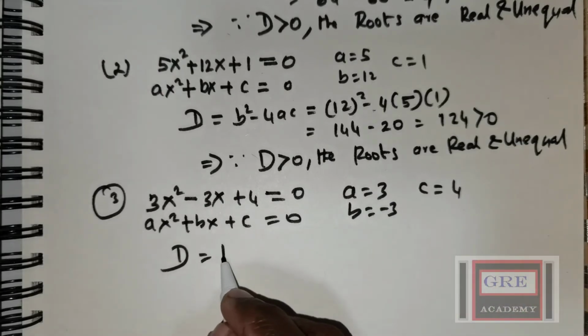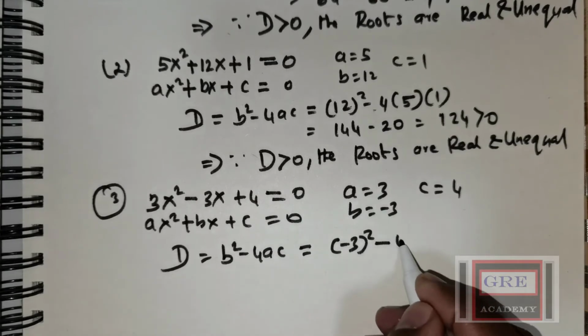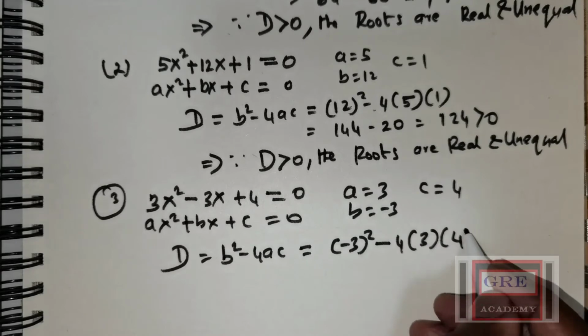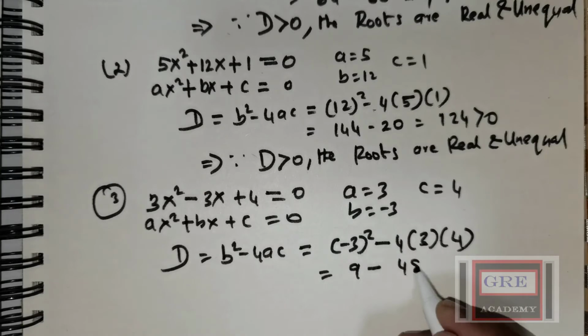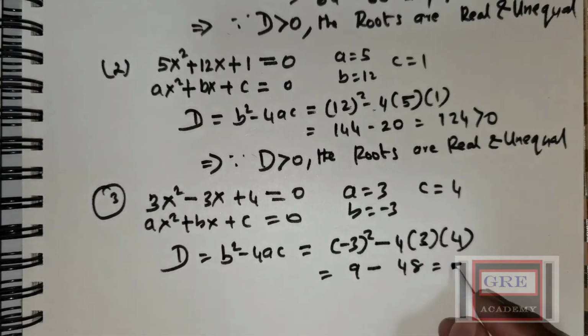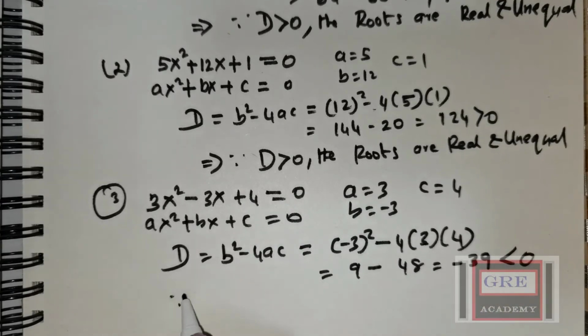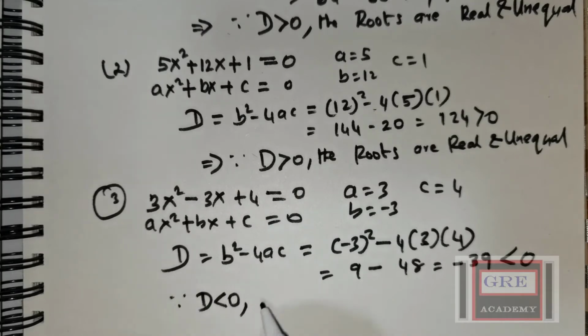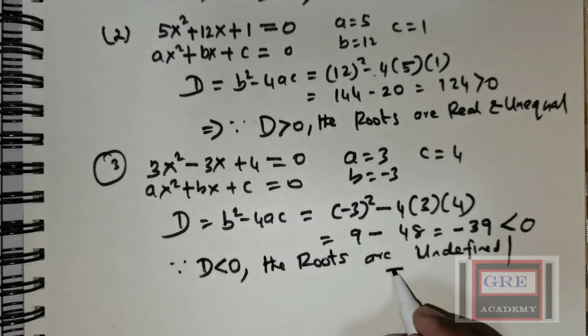The discriminant d is b squared negative 4ac, which means negative 3 squared negative 4 times a times c, so 9 negative 4 times 3 is 12, 12 times 4 is 48. This gives me negative 39, which is clearly less than 0. Since d is less than 0, you can write the roots are undefined or the roots are imaginary.